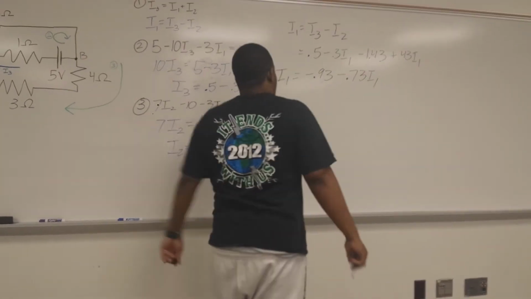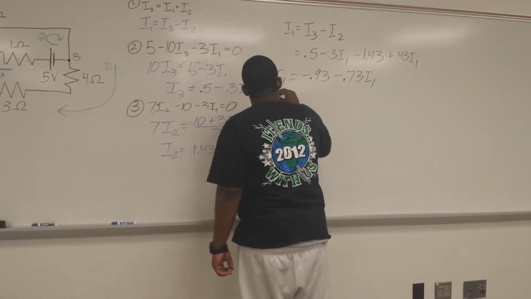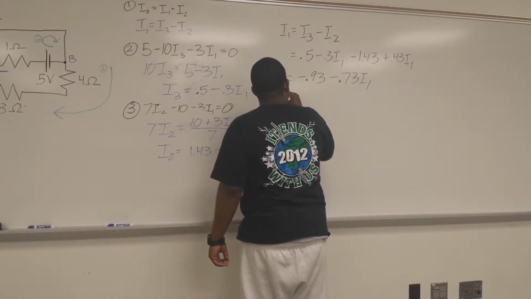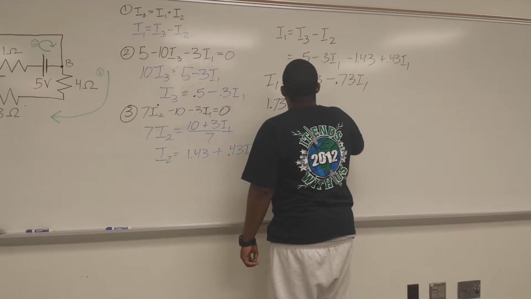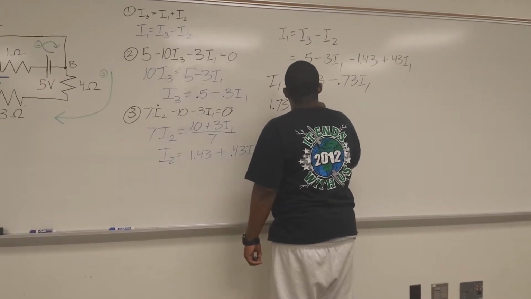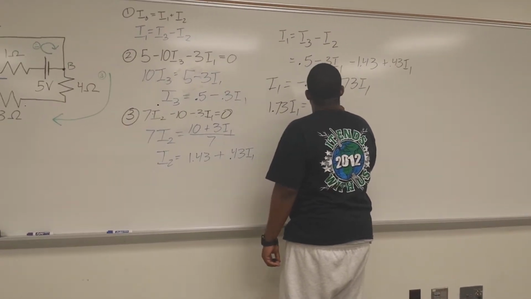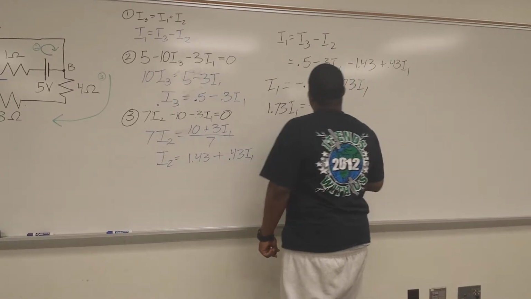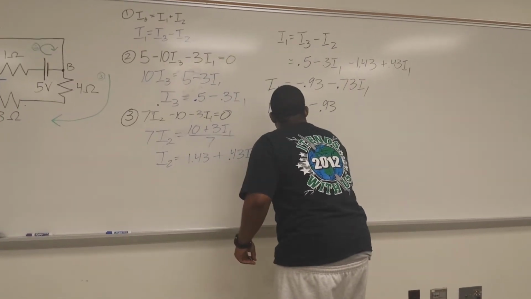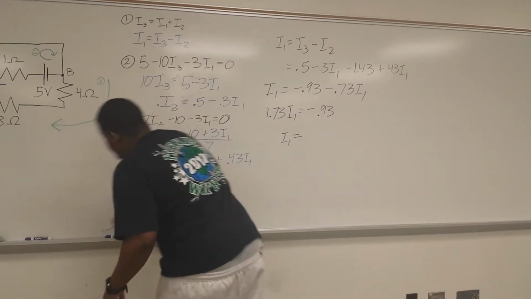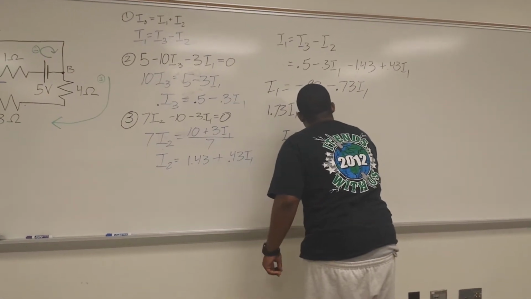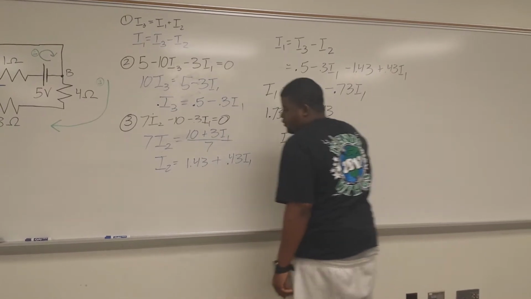Now I'm going to solve for I1, which means 1.73 I1 is equal to negative 0.93, which means I1 is equal to negative 0.54.